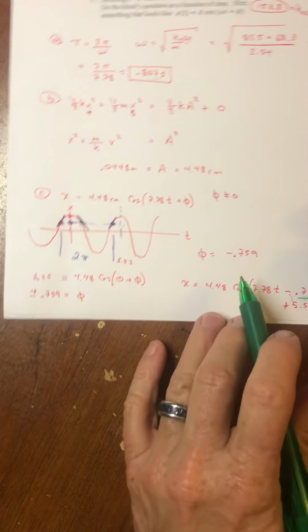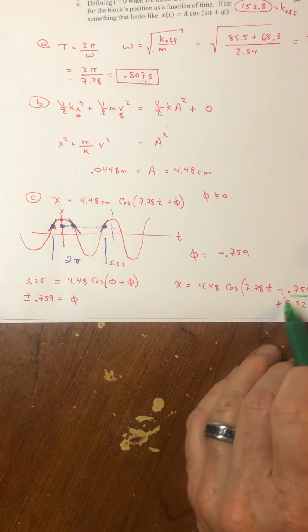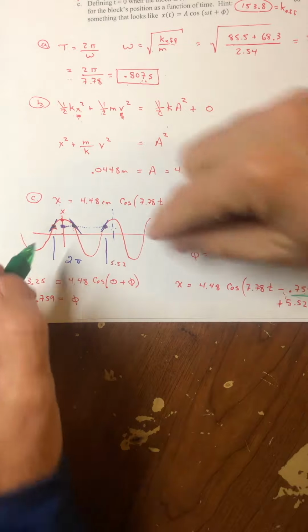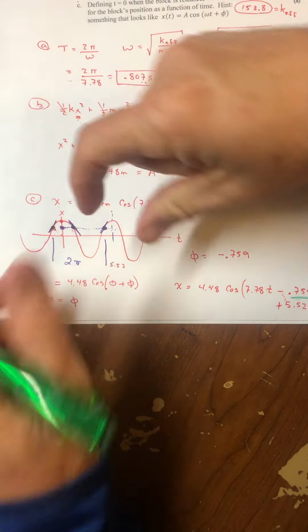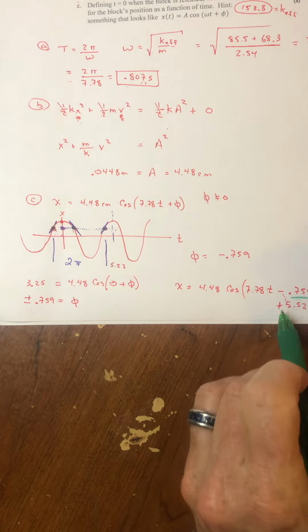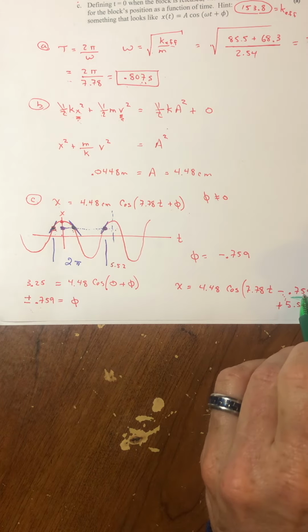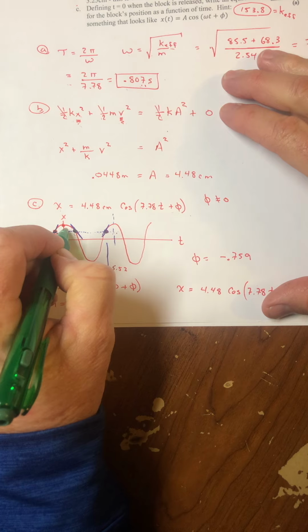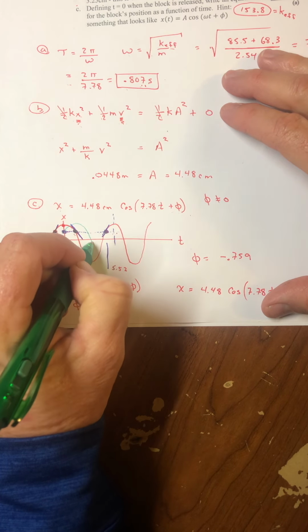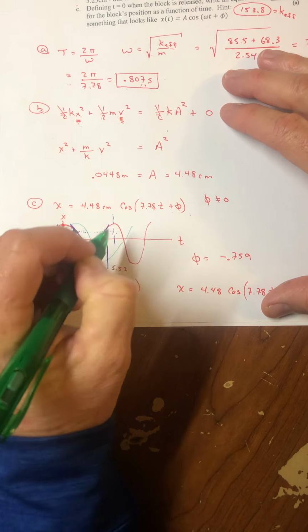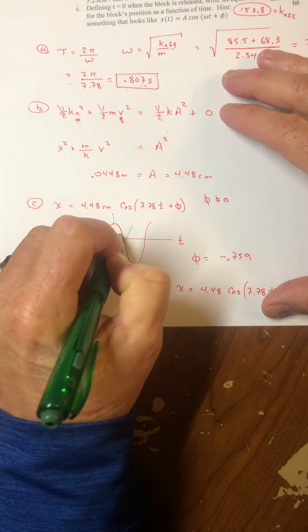This one, then, is a cosine function with a shift of that much. So if you can imagine picking up this cosine function and sliding it forward by 0.759, this point would become right there, and you would have something that would look like this. Oops, bad picture.